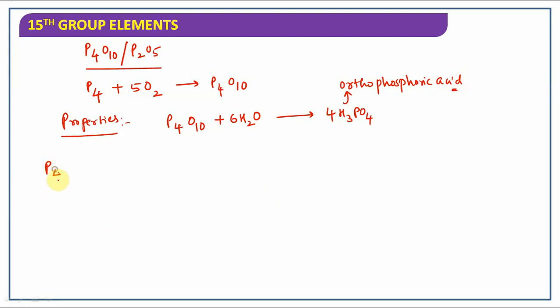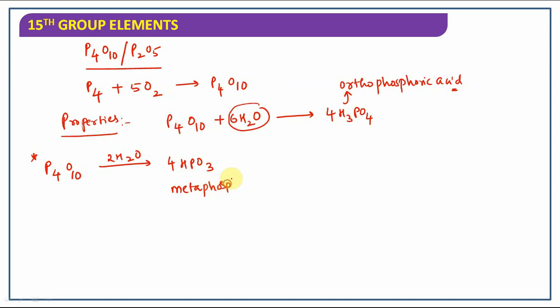6 water molecules. Another important point I am going to discuss: P4O10 treated with 2 moles of water initially forms metaphosphoric acid, and with another 2 moles of water it gives you pyrophosphoric acid.